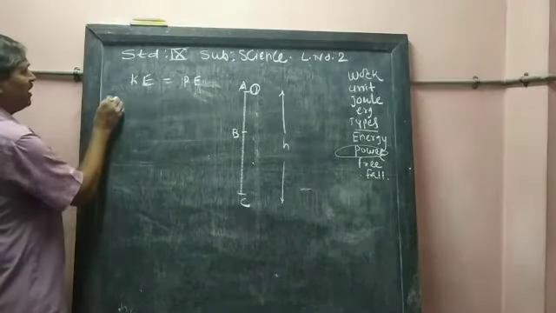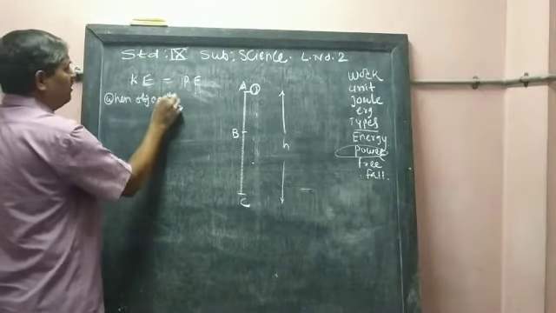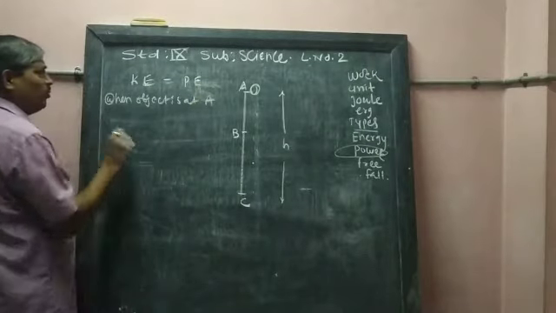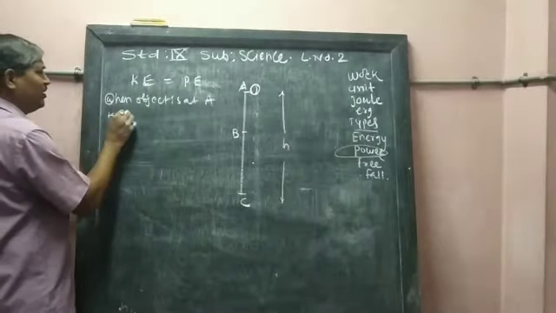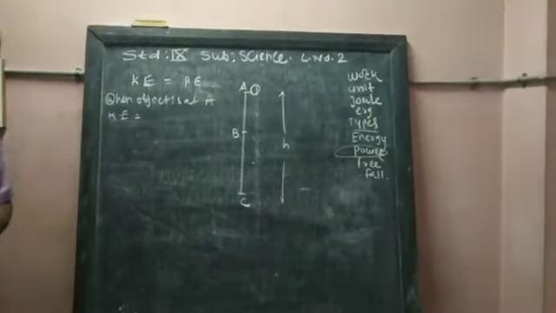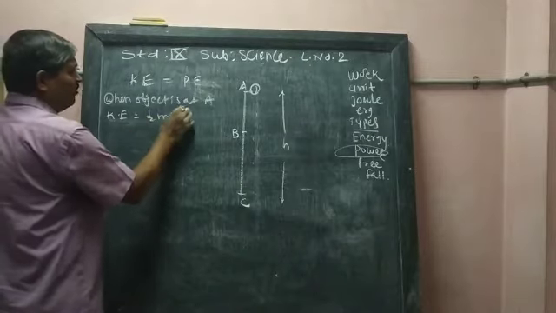When the object is at A, we have to calculate its kinetic energy. What is the formula of kinetic energy? The formula of kinetic energy is 1/2 mv².